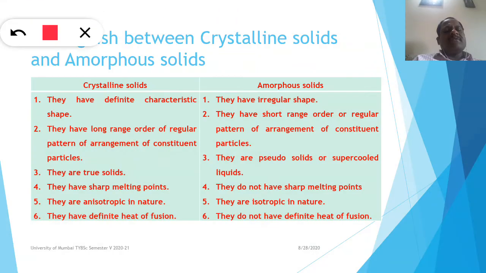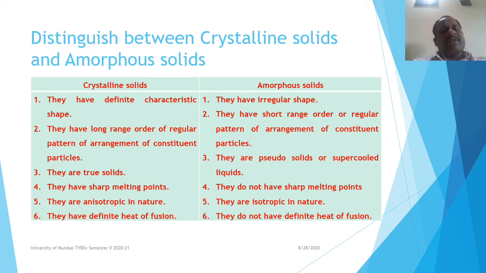Suppose I write here Na plus, then next will be Cl minus. So that arrangement you can find regularly. Alternate cations and anions are present in NaCl crystals.